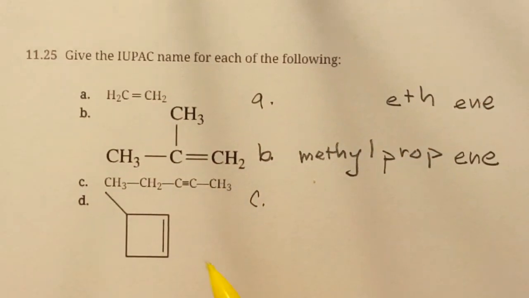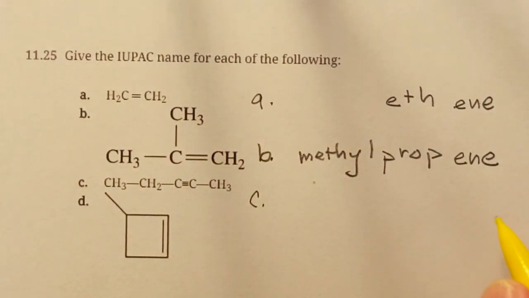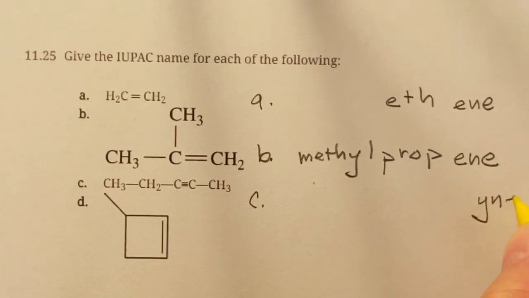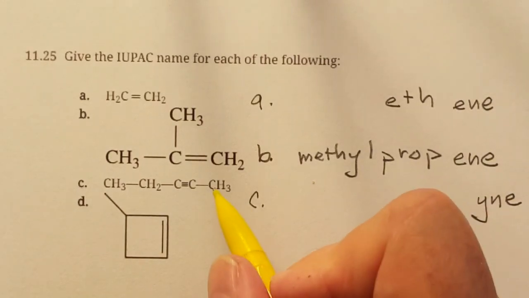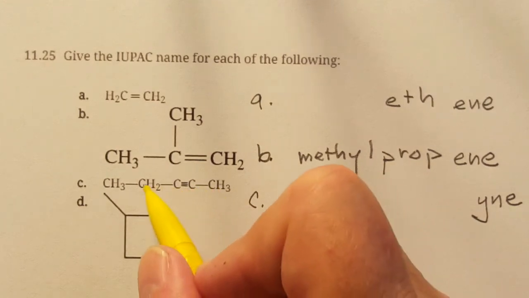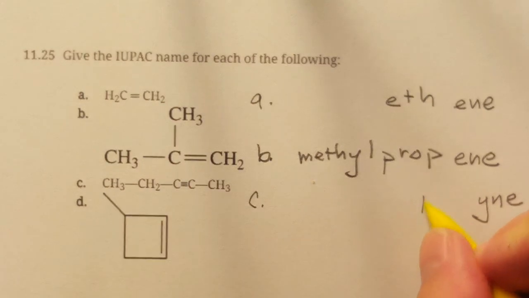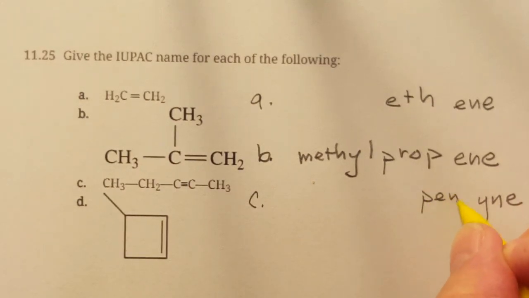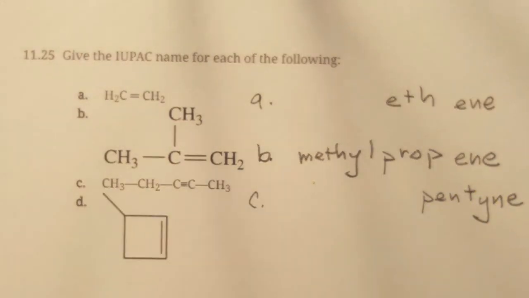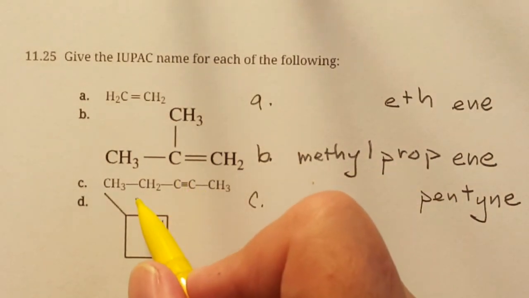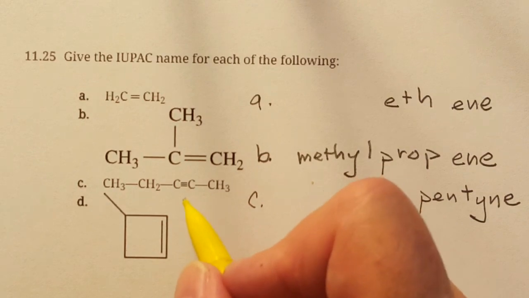This has a triple bond, so it's going to be an -yne. The longest chain: 1, 2, 3, 4, 5. 5 is pent, so this is pentyne. Now this triple bond could be in different places in this molecule, so we do need to designate where the triple bond is.